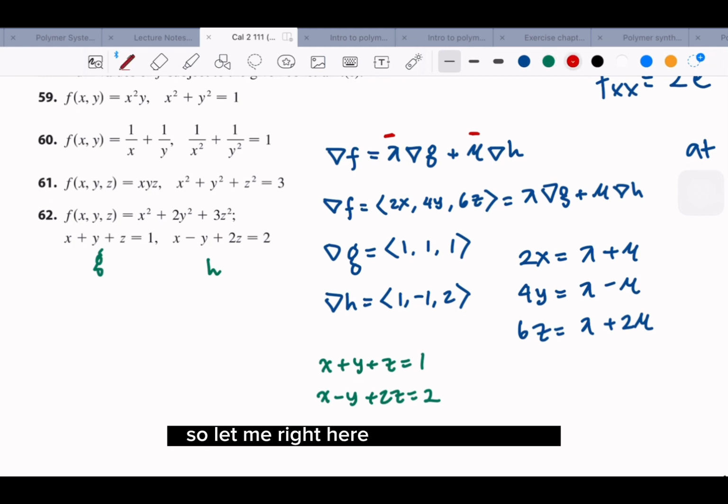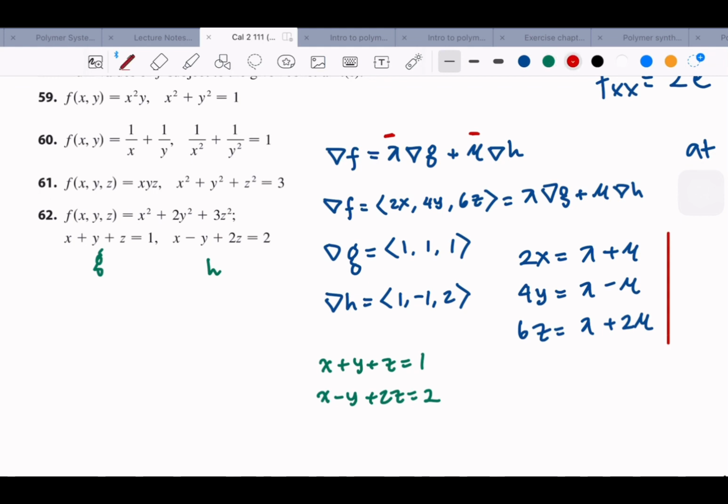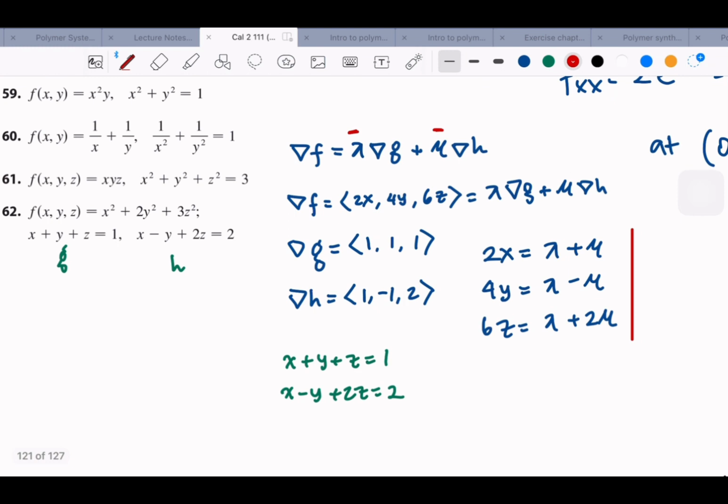So let me write here to solve the linear equations. So 6, 3, 2.